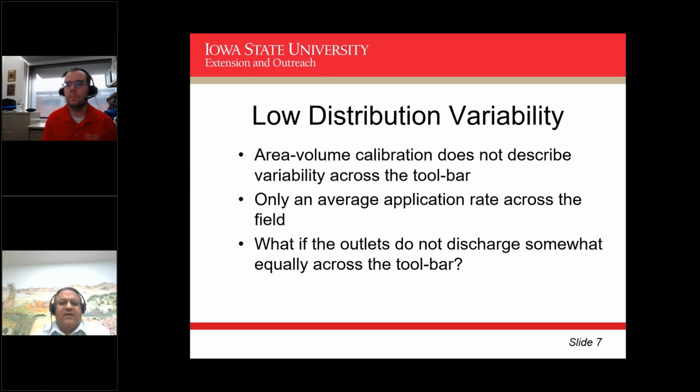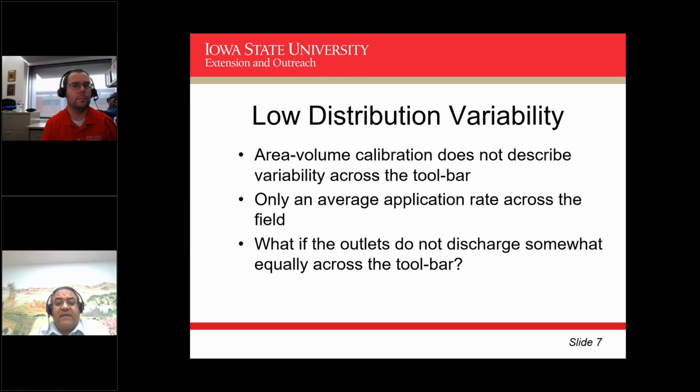But the question always comes up, does it actually address the variability across the toolbar? Is each point on the toolbar getting the same amount of manure out into the row that it is applying, or is it just an average application rate across the field?